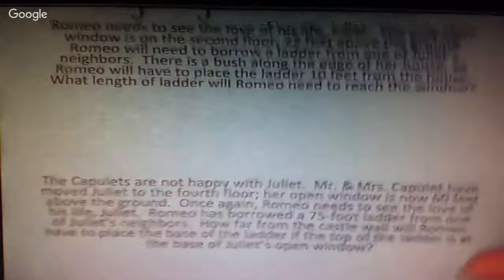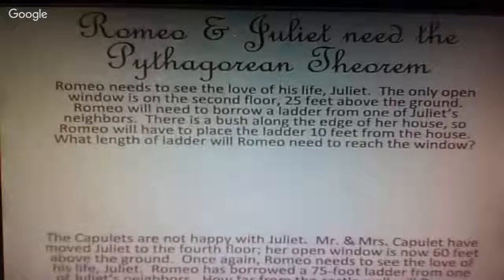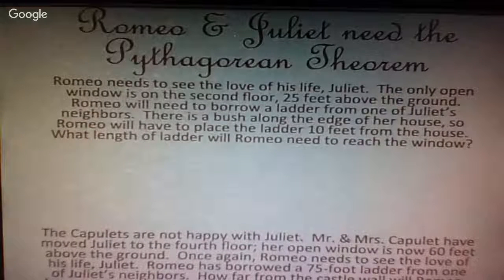All right. So, Romeo and Juliet need the Pythagorean theorem. Romeo, wherefore art thou, Romeo? Listen, I can't tell you the last time I read Romeo and Juliet, so that's about all you're getting out of me. Okay, so Romeo needs to see his love, Juliet.